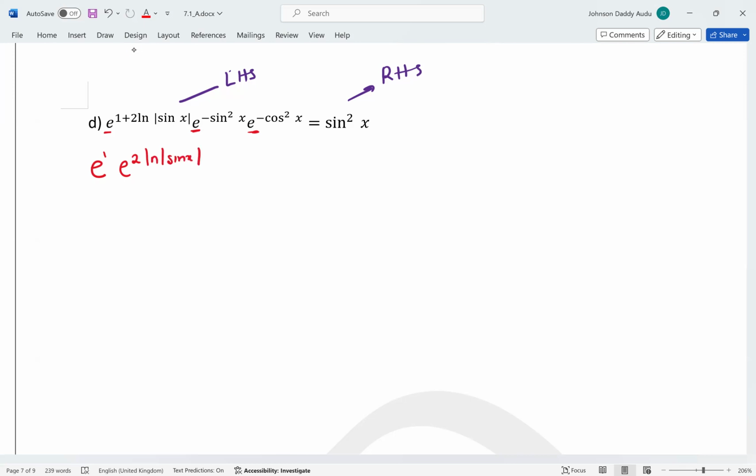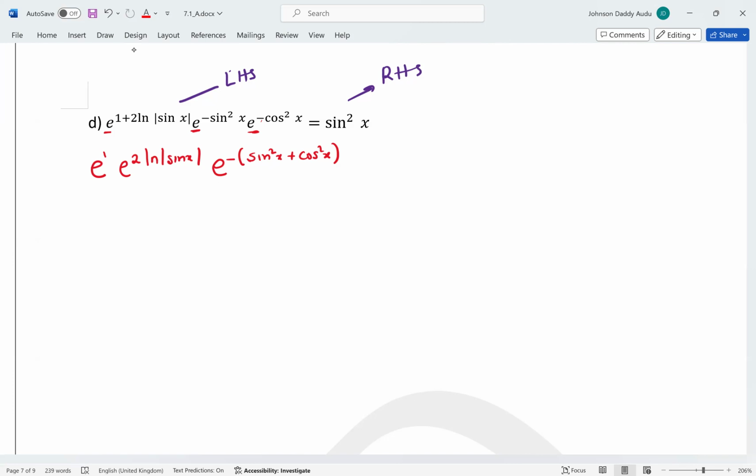And this is e, so we can write this as e to power minus sine squared x plus cos squared x. So this e we can take as the base, because if you expand, this will be e to power minus x minus sine squared x plus, and if you take this minus x, this plus will become minus, so you will achieve this one. So these are just properties, right?